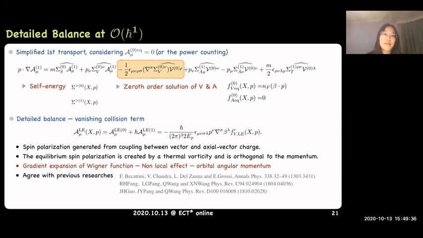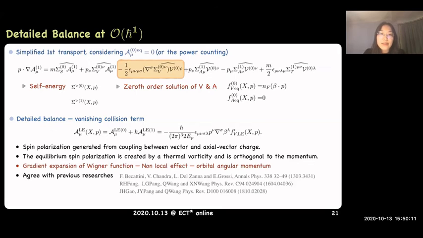Substituting the self-energy and also the zeroth order solution of the equilibrium distribution function, that is the Fermi-Dirac distribution, for the vector charge distribution function and zero axial vector charge distribution function at classical level, and by the requirement of the detailed balance, we will have non-vanishing spin polarization at the first order of H bar, which is in agreement with previous researches.